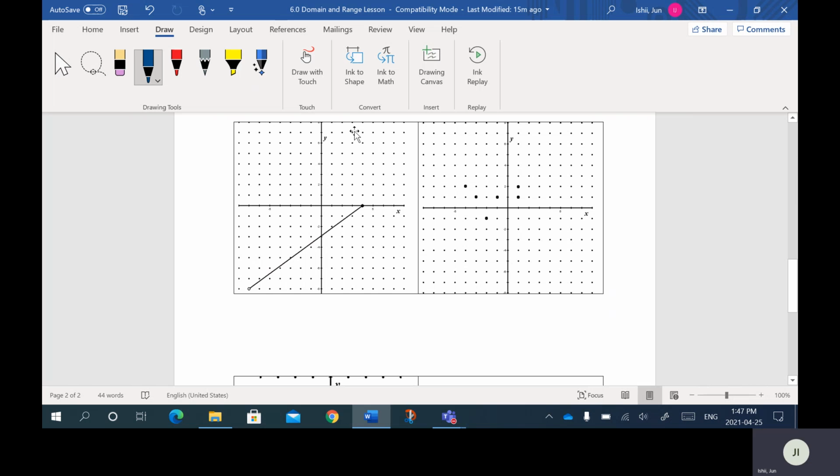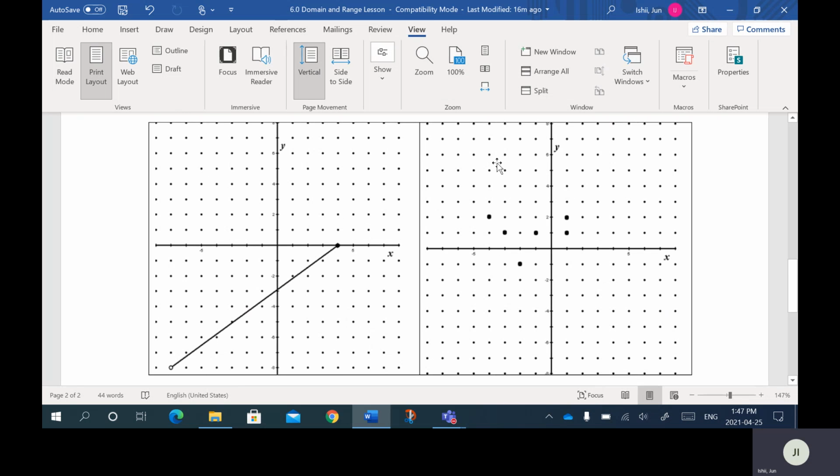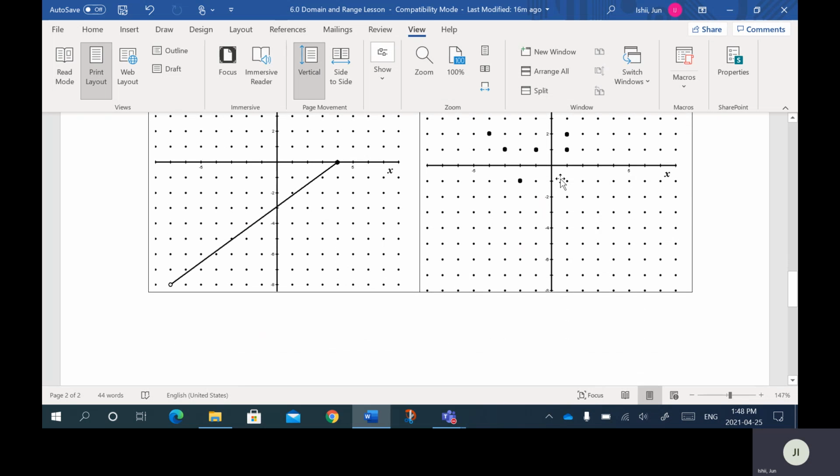So on to the next here. So domain for this function here. Now for this function, what you'll notice is that if I was to find the domain, going left to right, these dots mean that it starts and ends at those points.